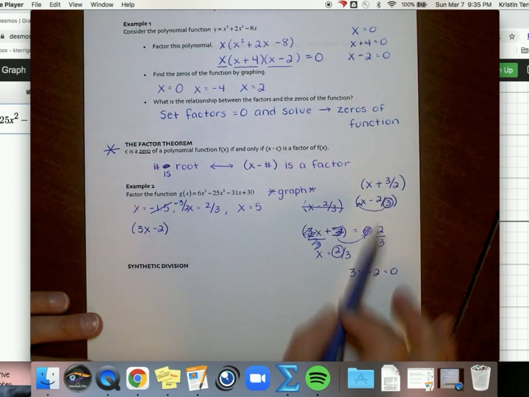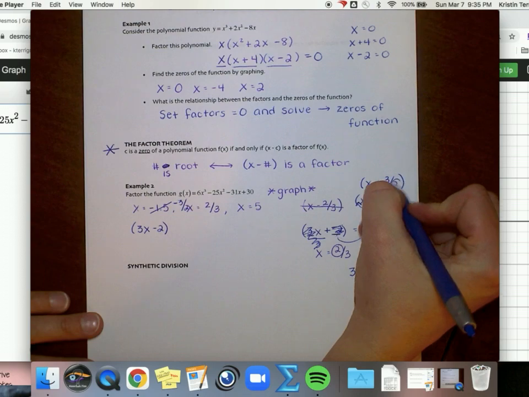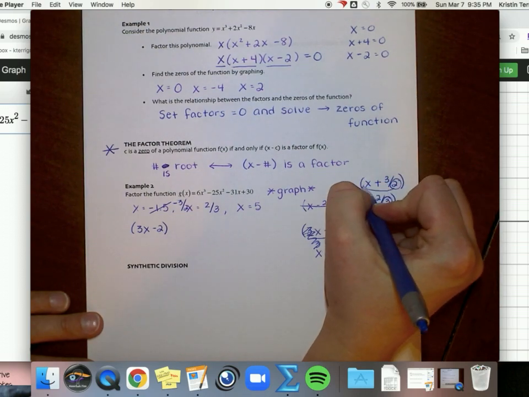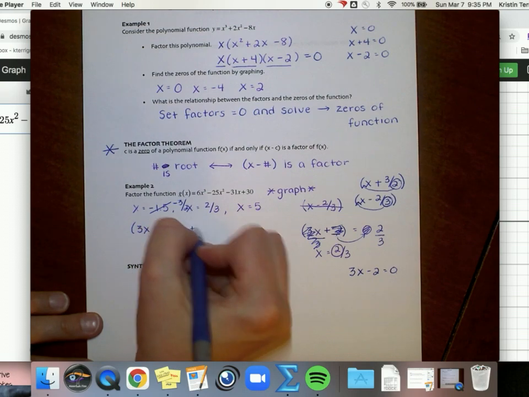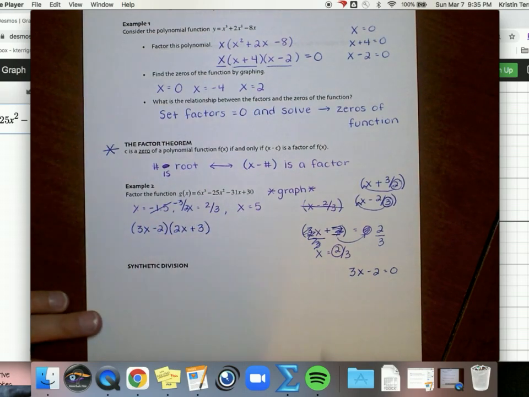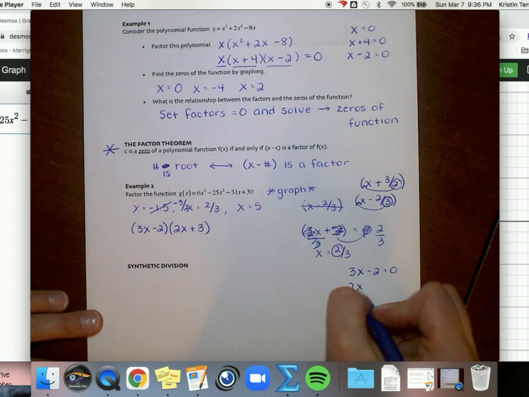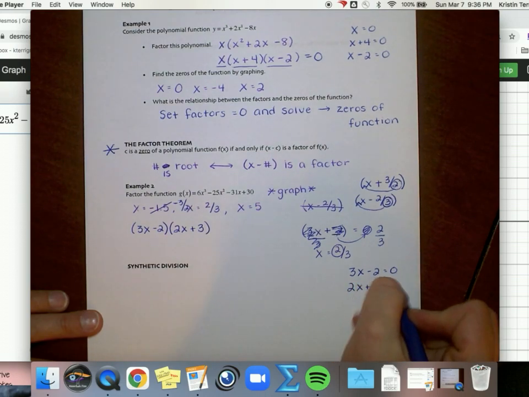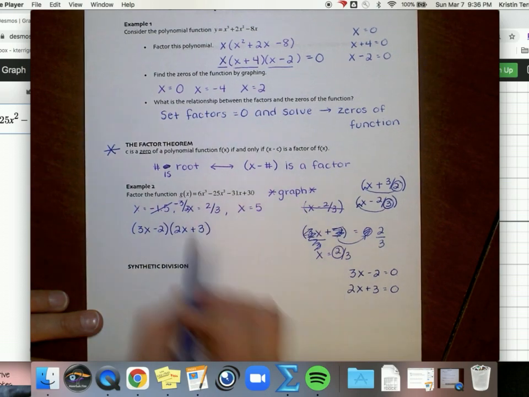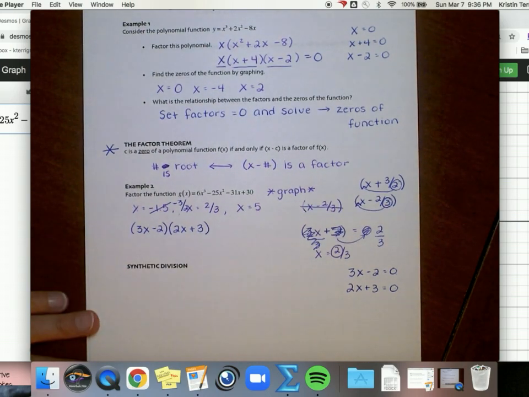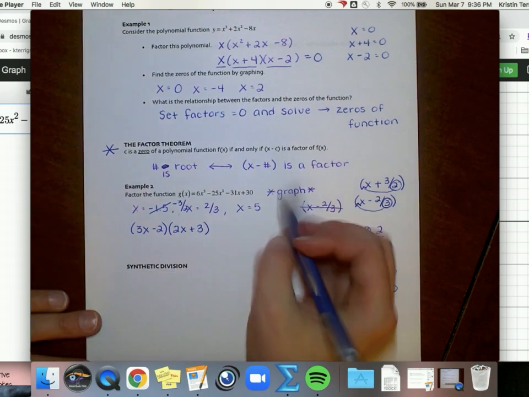And so just like I talked about here, I'm going to take this 2 and just put it as a coefficient on the x. So I'm going to make it 2x plus 3. And again, the reason I'm doing that is if I had 2x plus 3 equal to 0, and I slid this over, I would subtract 3 and then divide by 2, and I would be left with -3/2 as my root.